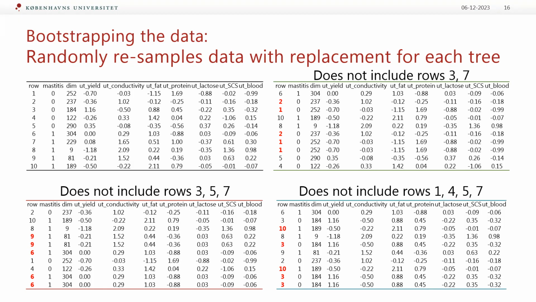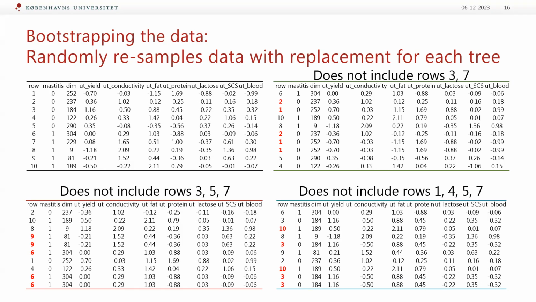And the algorithms that we use for training the random forest can make use of that by testing the individual decision trees on the rows in the original data that was not used to create a given tree. And that makes the training algorithm able to actually estimate the accuracy of the overall random forest.